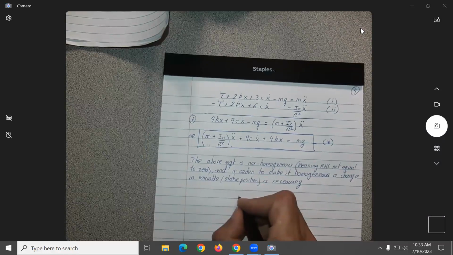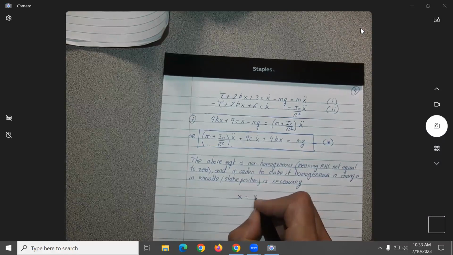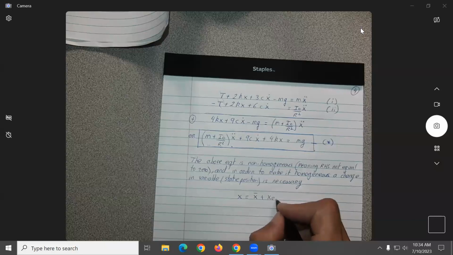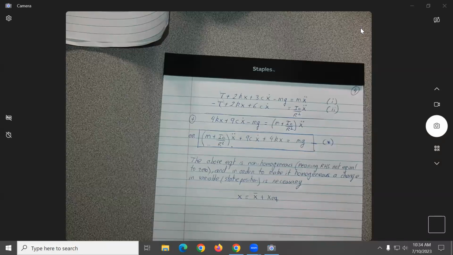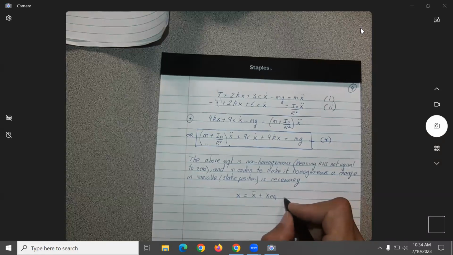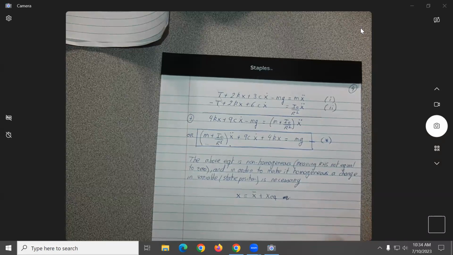So in other words, I remember how we did it, but we find out now with the math. We said that the position x is equal to x bar plus x equilibrium. We can leave it that way.